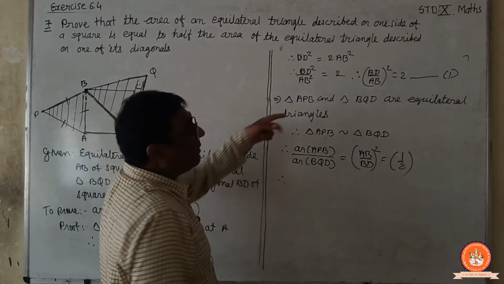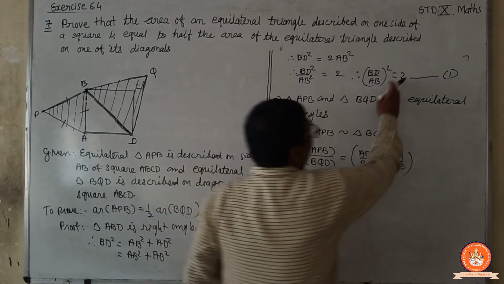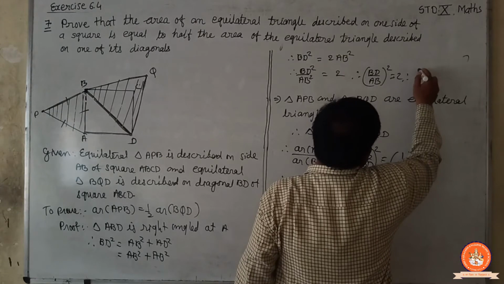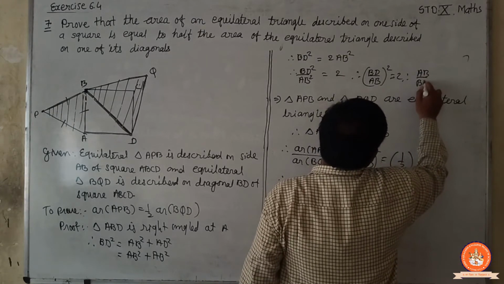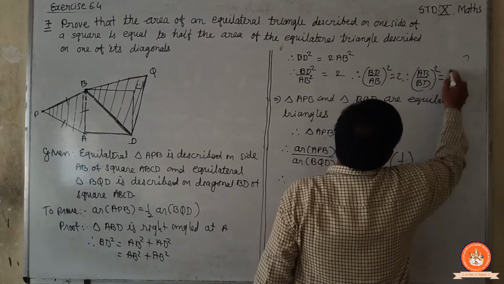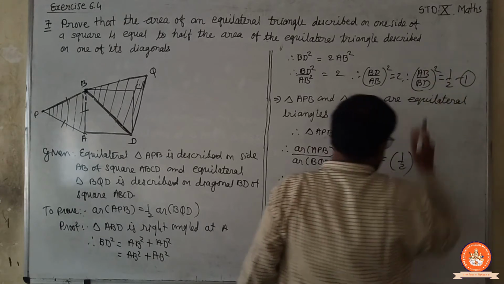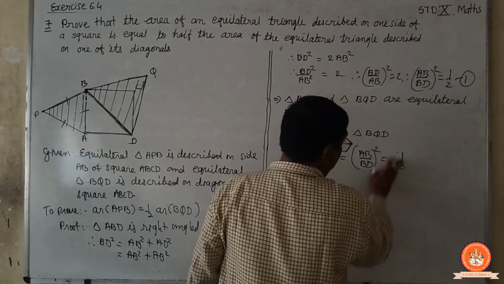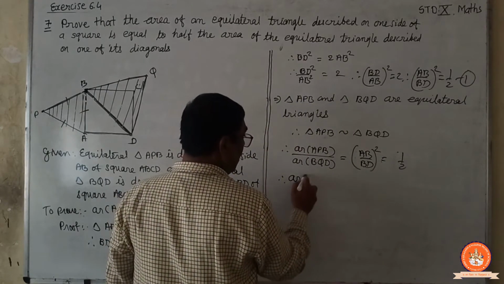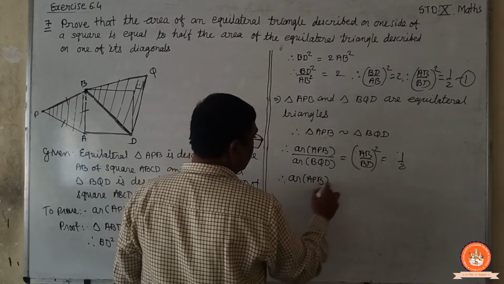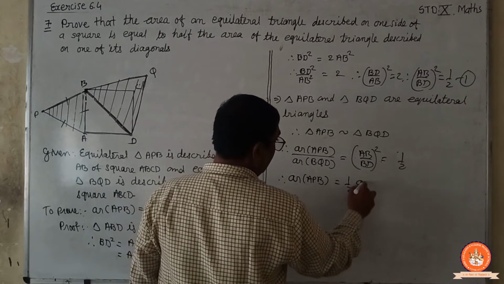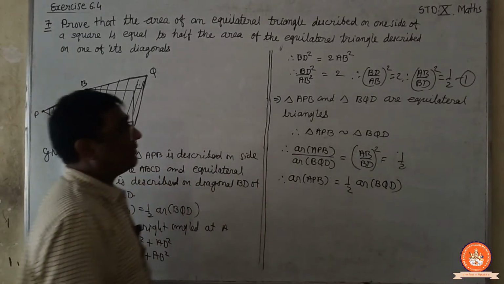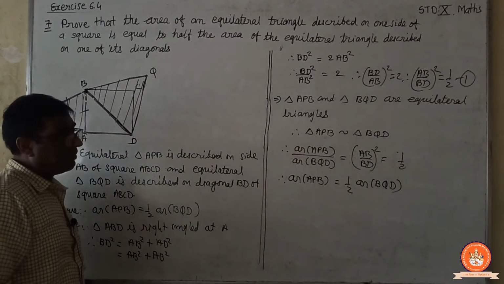Okay, so BD upon AB is equal to 2. Then we can write that, therefore, AB upon BD, the whole square, is equal to 1 by 2. So therefore area of APB is equal to half the area of BQD. Okay, and that was to be proven. Very good.